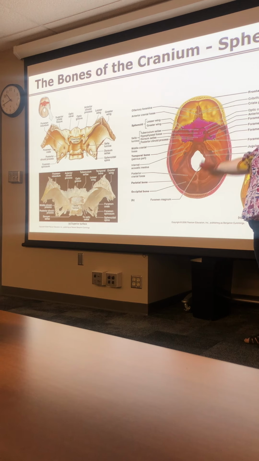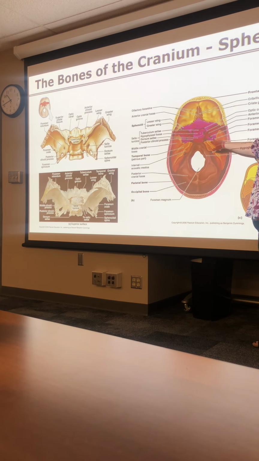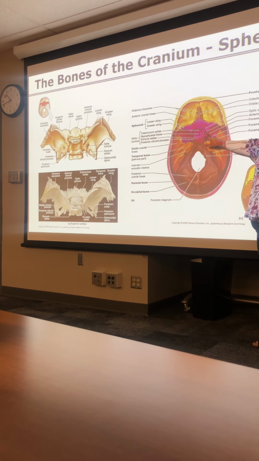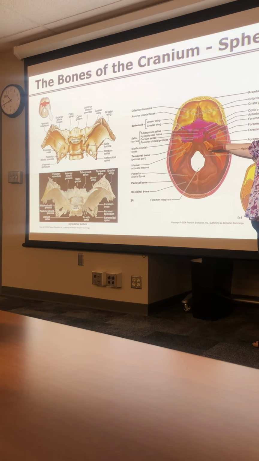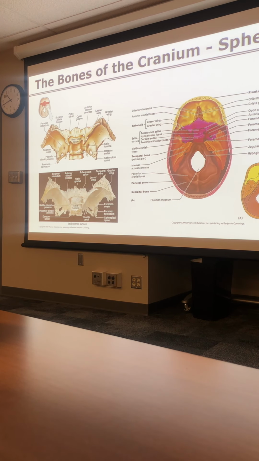The spinosum is very small, and going through it is the middle meningeal artery. The other 2 divisions of the trigeminal go through the rotundum and the ovale. Through the rotundum will be the maxillary division, and through the ovale will be the mandibular division.